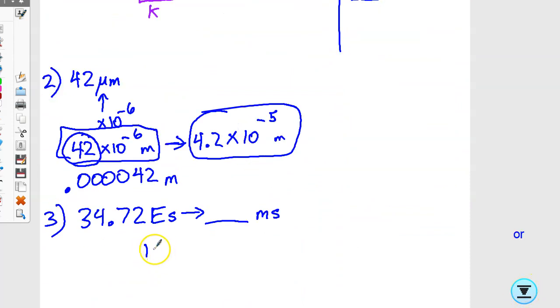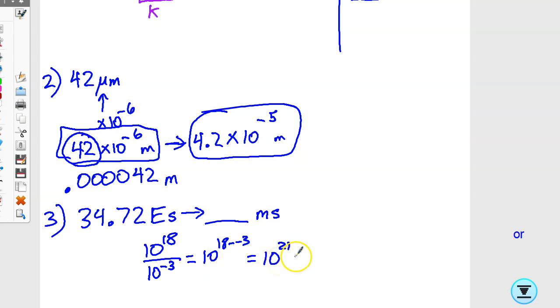How many of the smaller unit fit into the bigger unit? 10 to the 18, 10 to the negative 3. So I'm dividing the bigger one by the smaller one to see how many of the smaller ones will fit. That turns out to be 10 to the 18 minus negative 3, which is 10 to the 21.